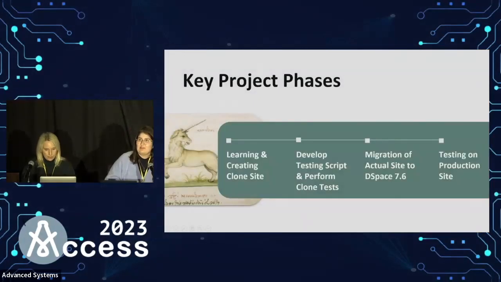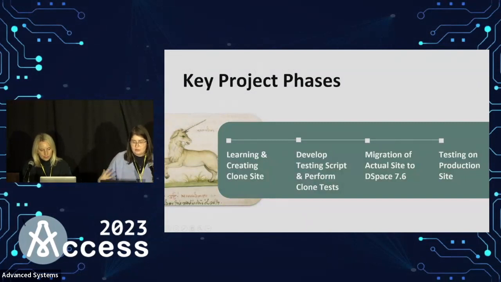I'll keep the next part brief because we have very limited time. When we created these key project phases, we discussed them with our leadership and administration, but there was a lot of consultation with a lot of people, including developers and some librarians who may be in the audience. I spoke to some folks here. That led us to four key project phases.